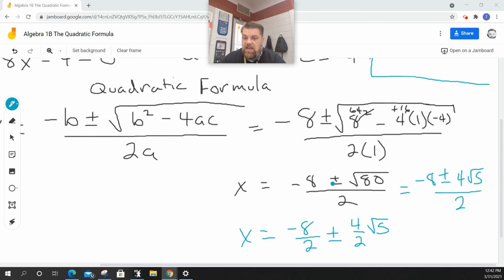So whenever I have two things over a denominator, I can split them apart and put the denominator under each term. So then negative 8 divided by 2 is negative 4. And then plus or minus, 4 divided by 2 is just 2. And we tack on the root 5. And that is our solution. That's it.